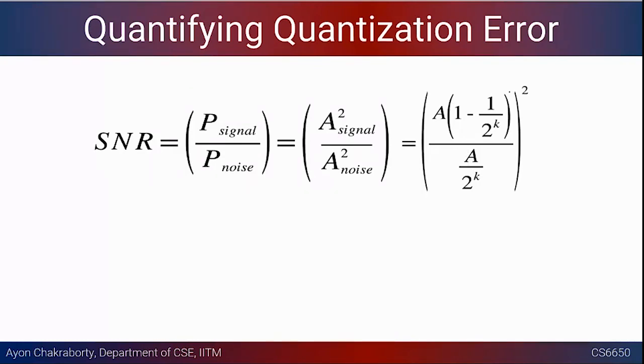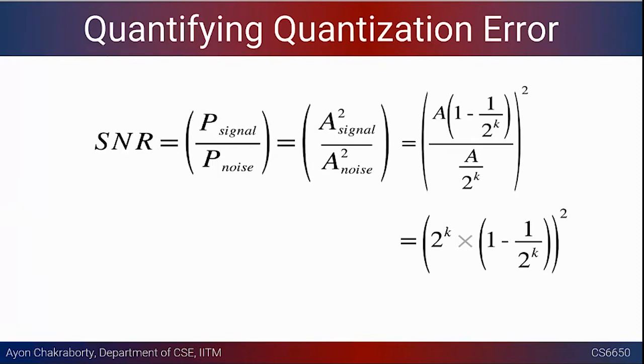A cancels out and we have a whole square term, which is independent of A here. The SNR is 2 to the power k multiplied by 1 minus 1 by 2 to the power k whole square, right?